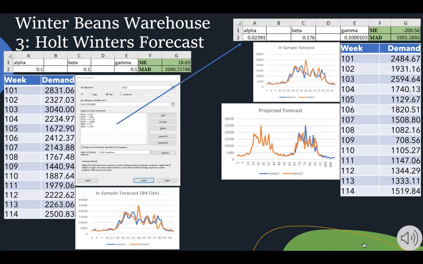The ME at least changes quite drastically, but the MAD does decrease, and that is pretty much our goal, trying to minimize the MAD. And then you can see on the right side the updated demand that we would have projected for weeks 101 through 114.